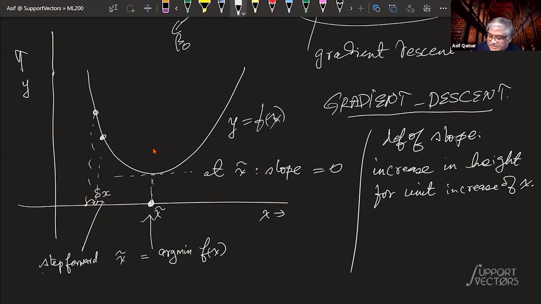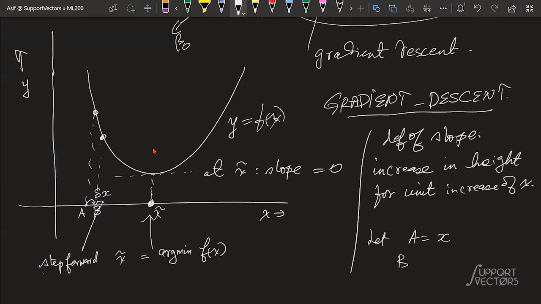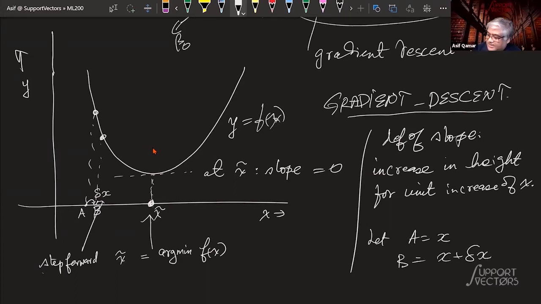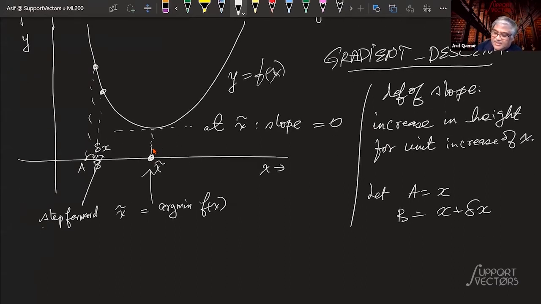Decreased. B is equal to x plus delta x. The height decreases. So in the vicinity of x, the slope is negative.